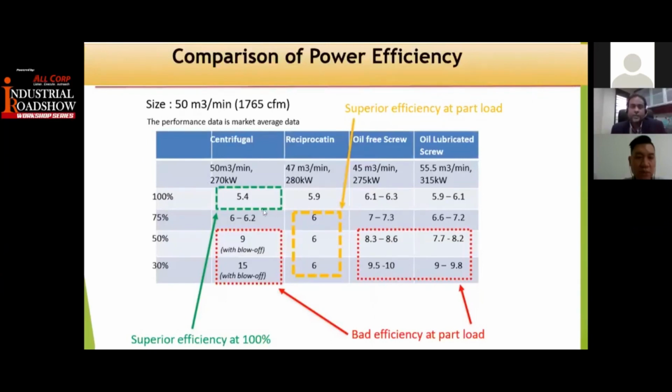So you can see, it shouldn't be the way of using a variable speed drive all the time, because when you run a variable speed drive at maximum speed, it doesn't give you much saving compared to a centrifugal compressor.